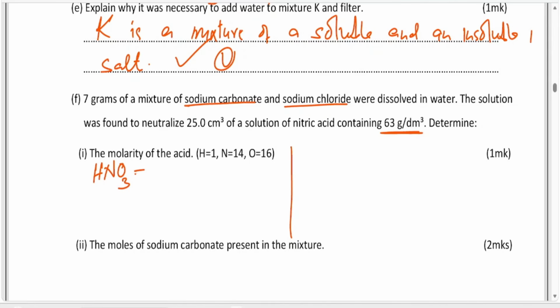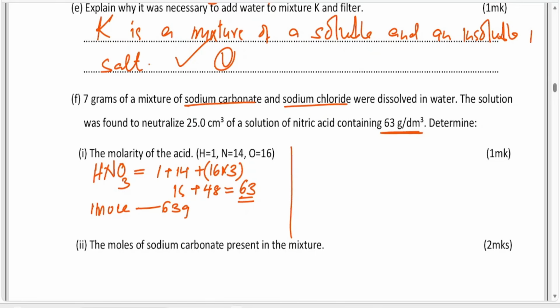Given the relative masses of these atoms, we have 1 plus 14 plus 16 times 3. So I'm going to have 15 plus 48, and this gives us 63. So we need to understand that 1 mole is equivalent to 63 grams. That is the relative formula mass.